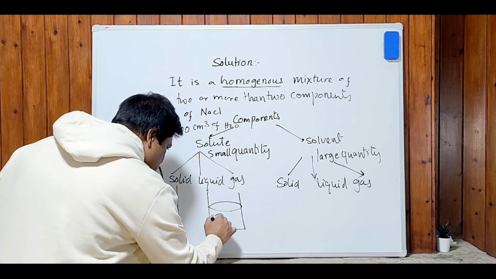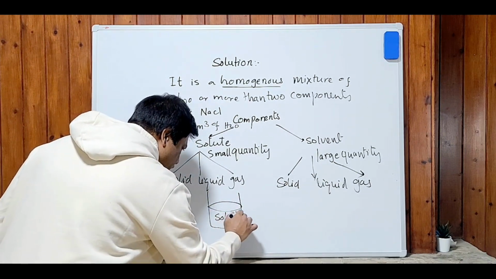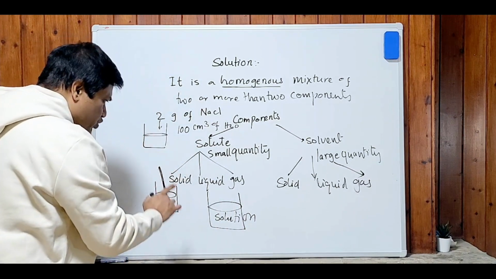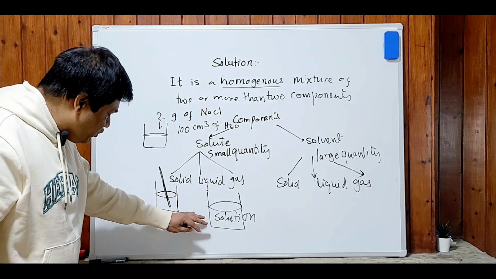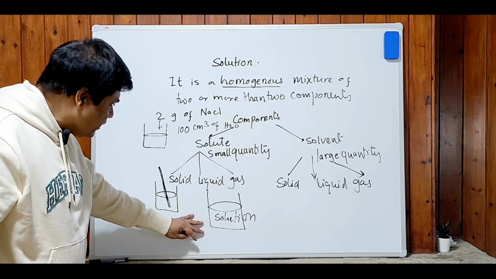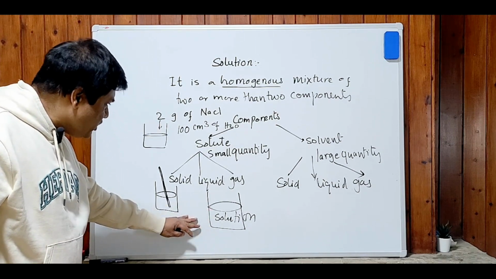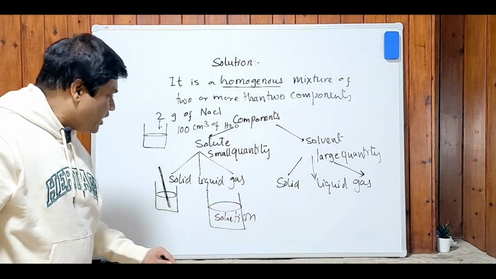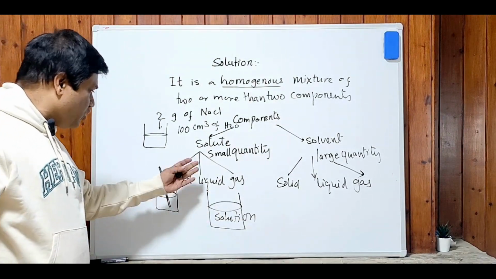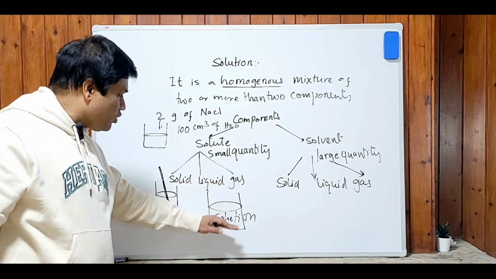So I have a solution here. You can't say which is solvent and which is solute. When you look at the solution carefully, you cannot differentiate solute and solvent. They look like one phase, like a single phase, either a solid phase or a liquid phase or a gas phase.